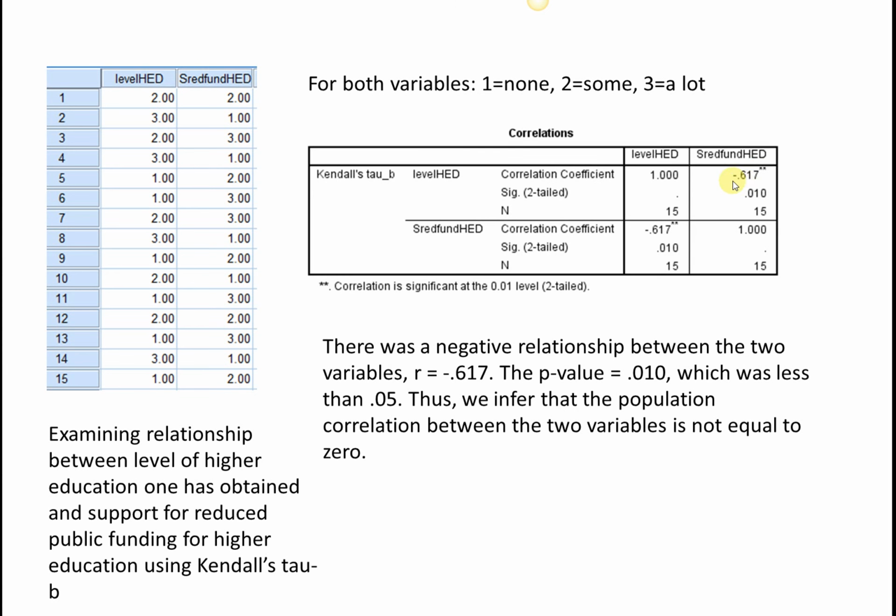The correlation between them is negative 0.617, and you can see that the p-value is actually less than 0.05. So, if I was just testing whether there's a significant relationship between the two variables, I would be inclined to reject the null hypothesis and infer that the relationship between the two variables in the population is not equal to 0.